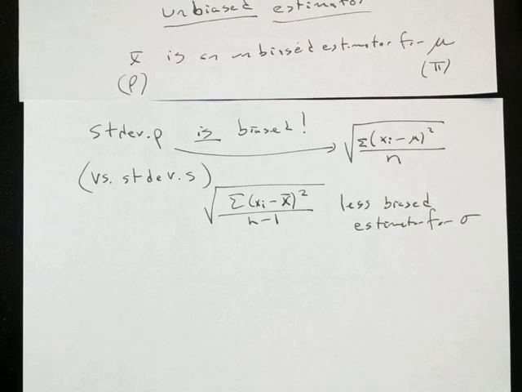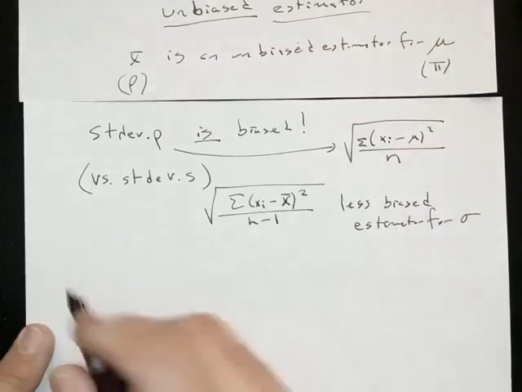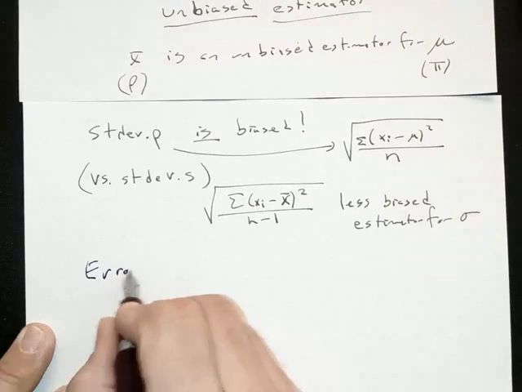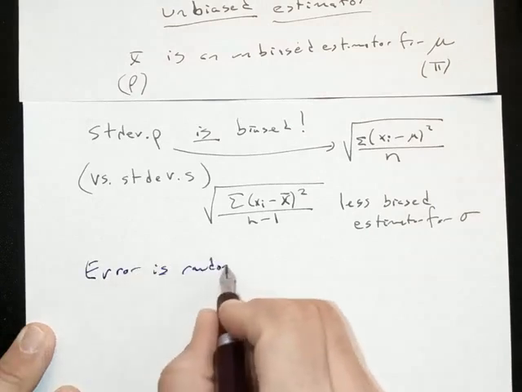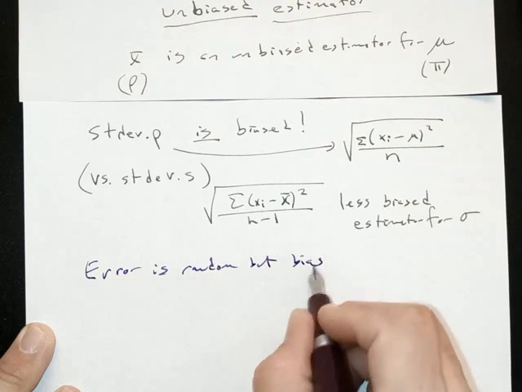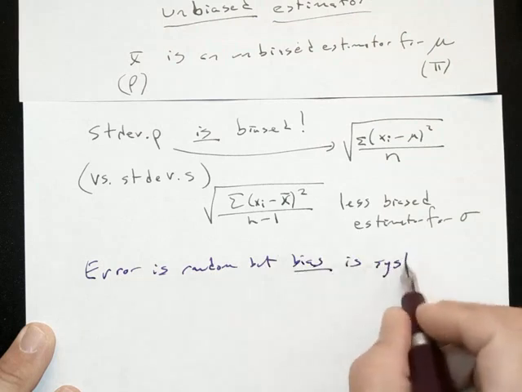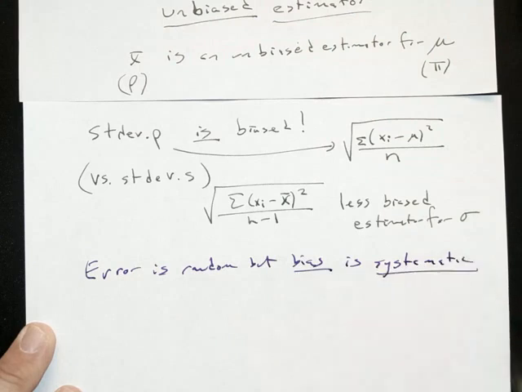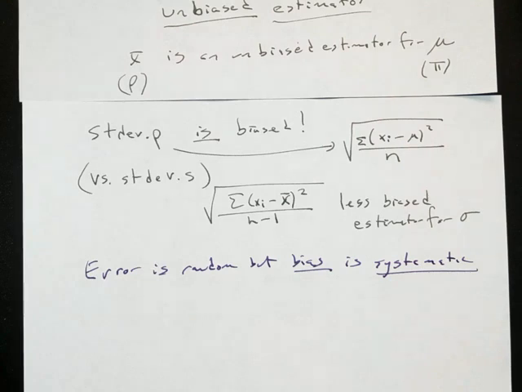Error is random. Bias is systemic. I used this example once before.